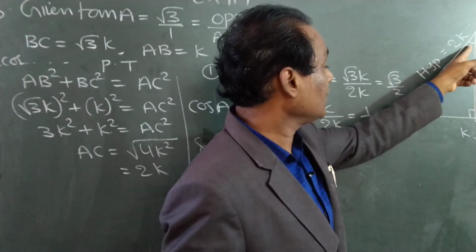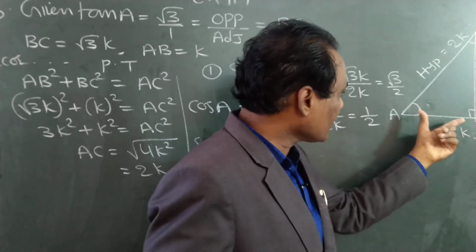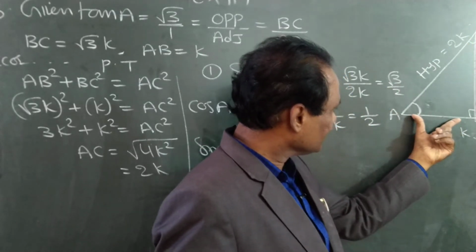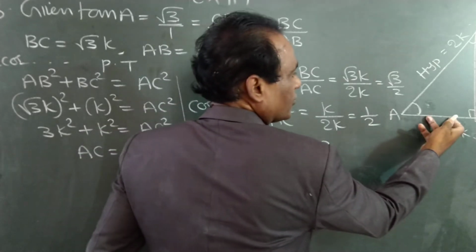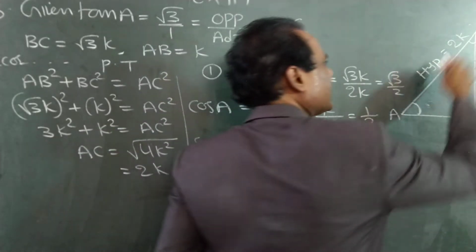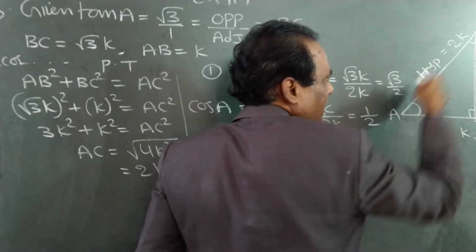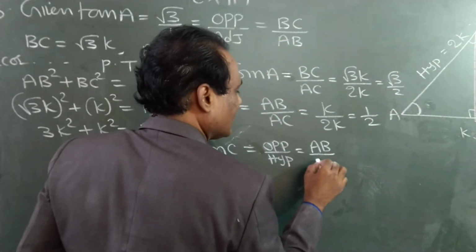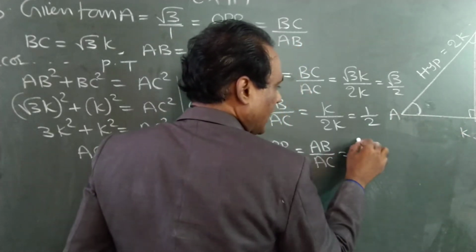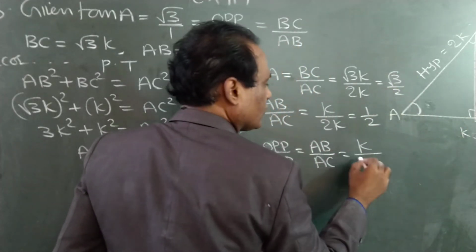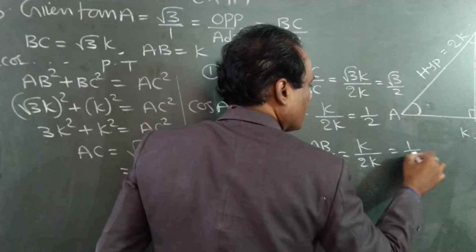For this angle, opposite will be this. Opposite, hypotenuse, no confusion. Every time the inclined, bigger line is hypotenuse only, that is AC. So AB is K, AC is 2K, this is 1 by 2.